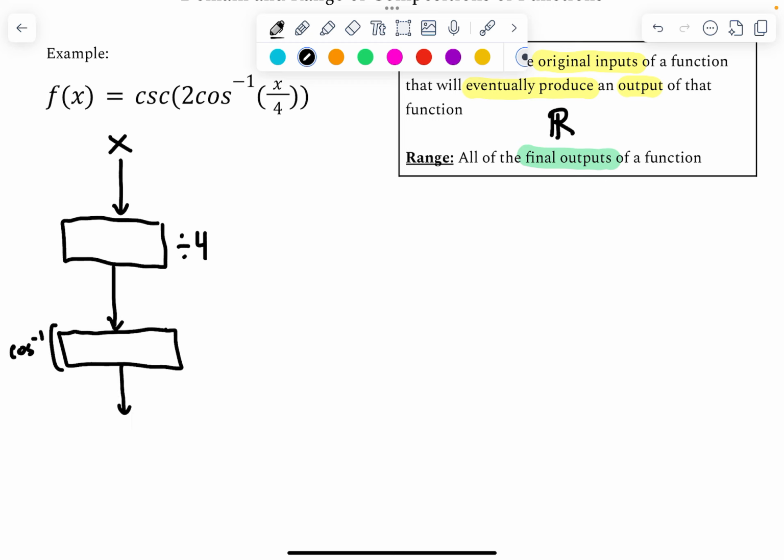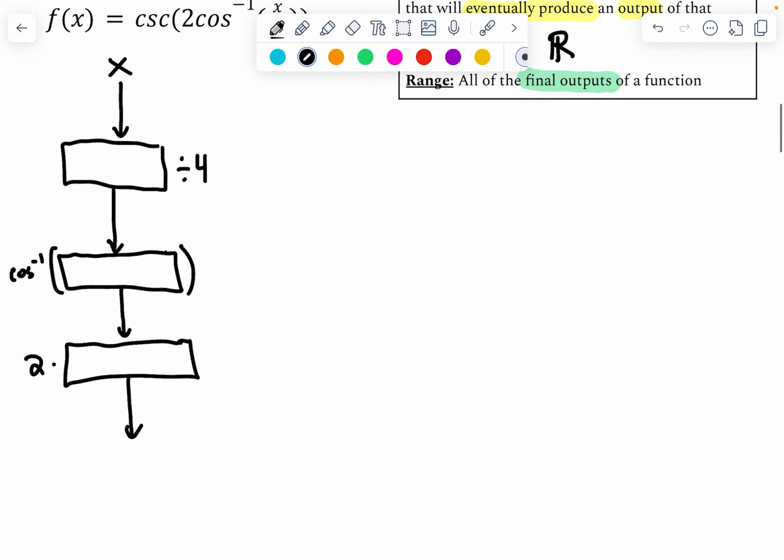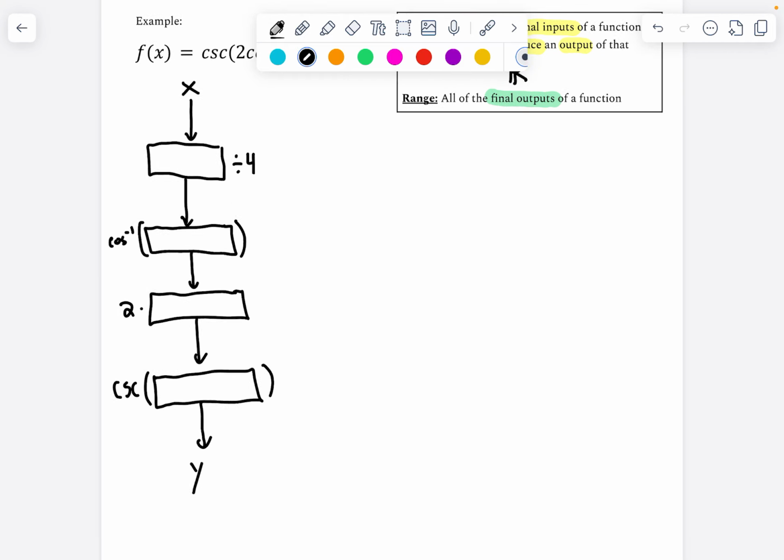So I'm going to take arc cosine of all those x values divided by 4. Next, I will take whatever arc cosine of all those x values divided by 4 is, and I will multiply them times 2. Finally, I will take cosecant of that result, leading me to my eventual outputs, or my y values here.